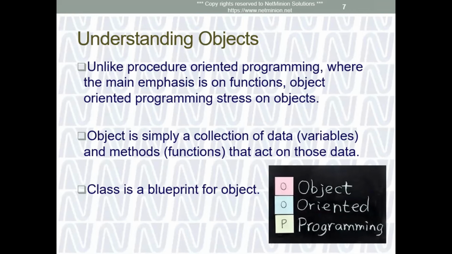And as mentioned on this slide, an object is simply a collection of data. Here the term variables is also used. Allow me some time, I will talk about variables, methods and functions also. But first just try to understand objects. If you write Python, Python is an object from the class string.